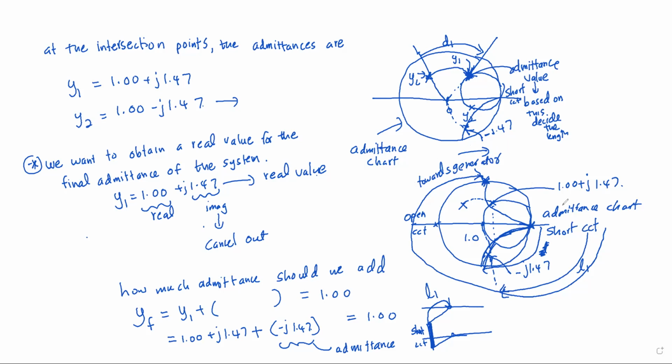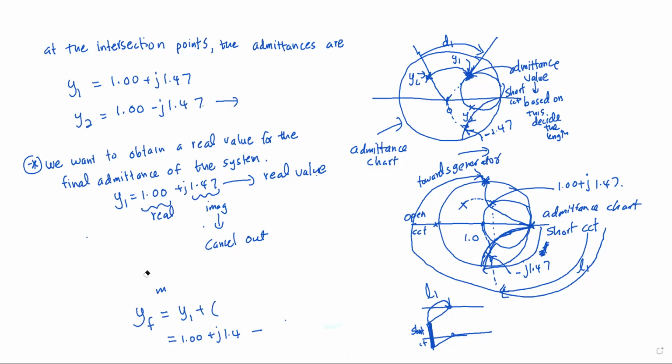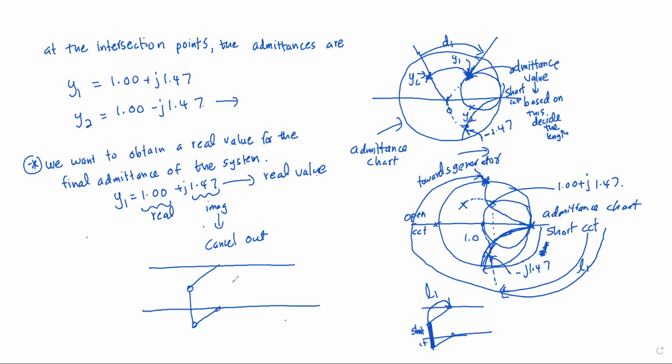Since we are considering the transmission line, when we draw the transmission line, our short circuit happens here. This is the input side, and this is the load point.